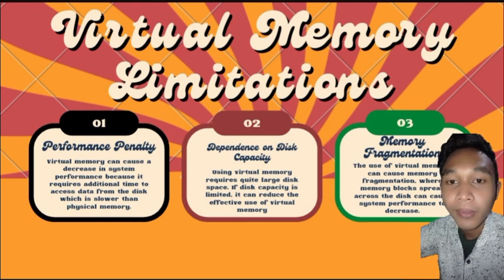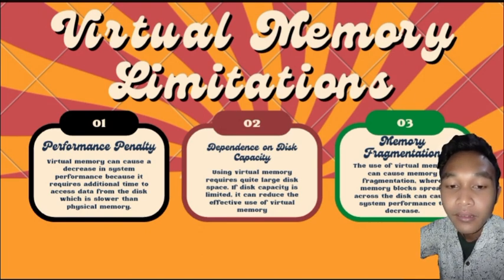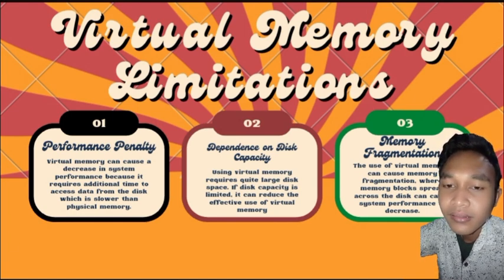Assalamualaikum warahmatullahi wabarakatuh. My name is Nurfa Faizaki. Next, I will tell you about virtual memory limitations. First, performance penalty. Virtual memory can cause a decrease in system performance because it requires additional time to access data from the disk, which is slower than physical memory. For example, this can relate to editing.